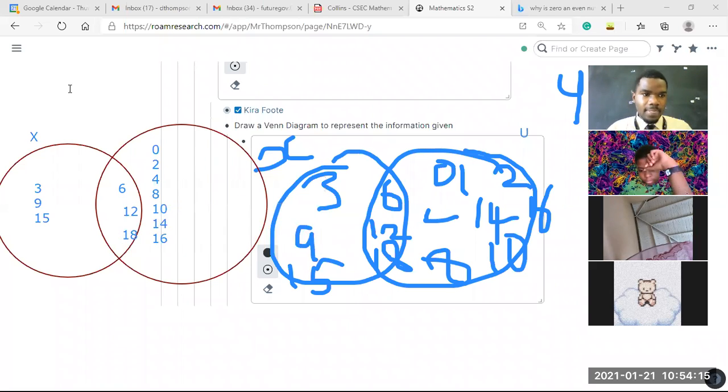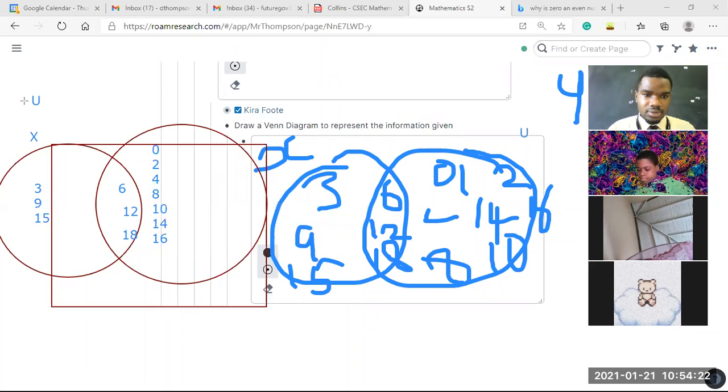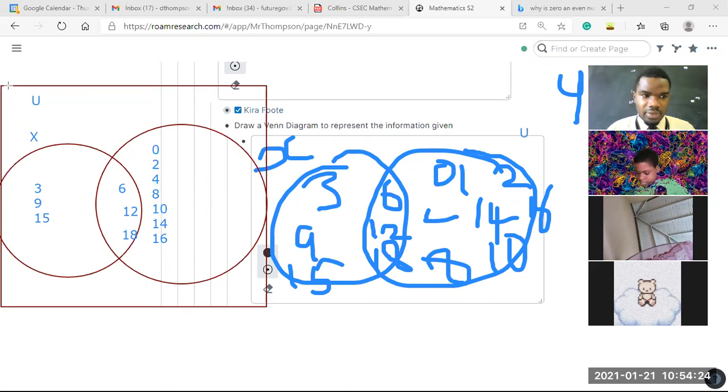And remember, U is going to be up here, and you're going to draw the rectangle that has all the elements combined. Then Y is going to be above here. Everybody understand?